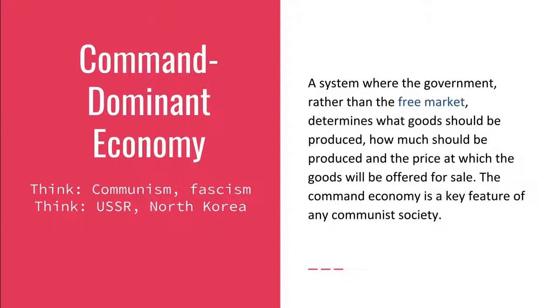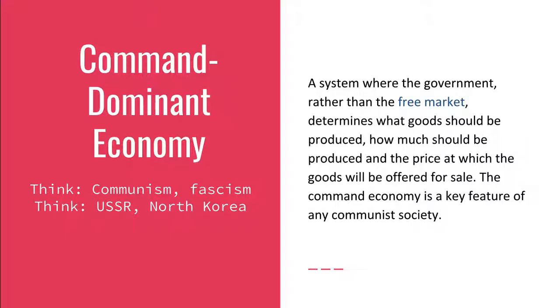The Nazis under Hitler in Germany controlled most aspects of the economy. Right? So it does not have to be communism. It can be several other kinds. North Korea is fascist, and they control most aspects of life, and certainly where people work, what they eat, what they produce. So in this system, the government, rather than the free market, determines what goods should be produced.